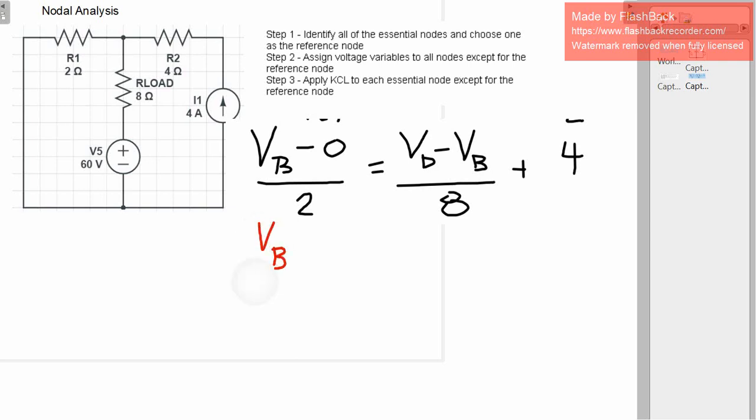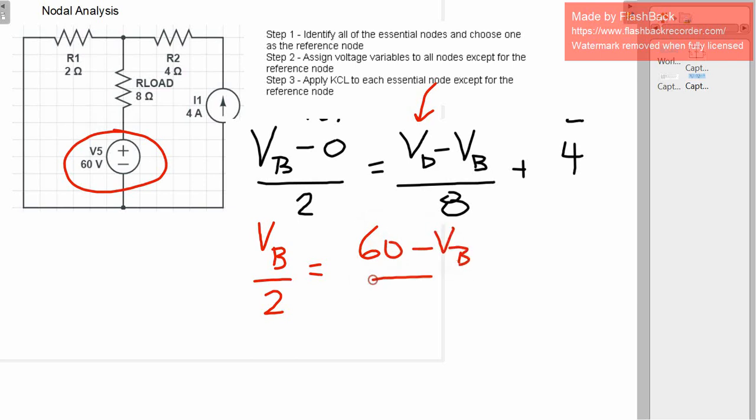We don't know what VB is, so we're going to keep it as VB. But like we said, VD is 60 volts from the voltage source. So we can plug in that, subtract VB, which we don't know, divided by 8. And we can add the 4 on the end.